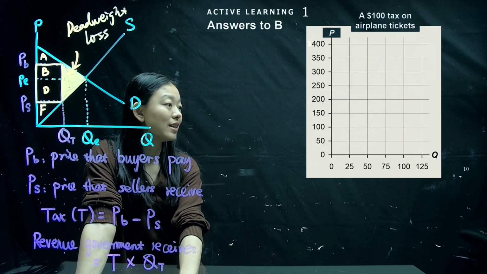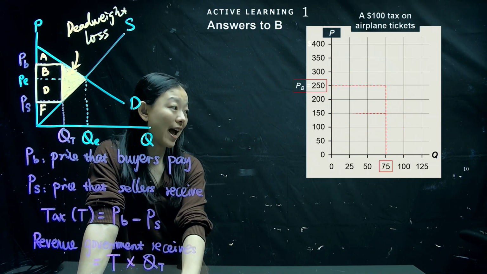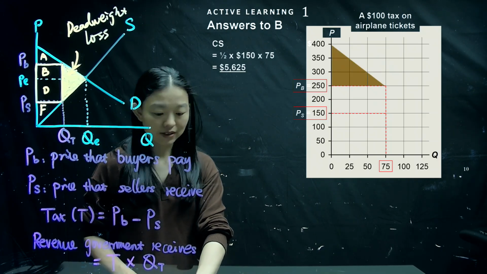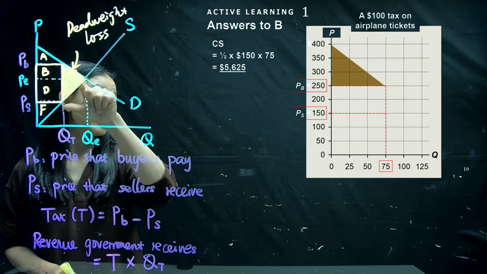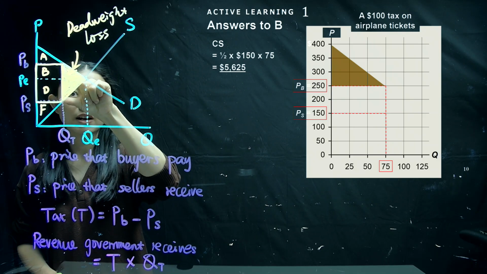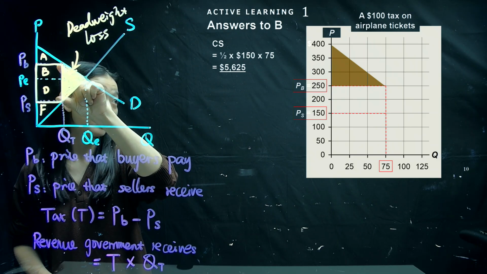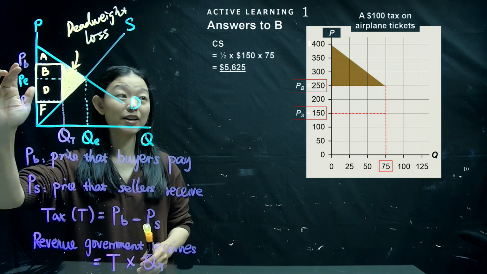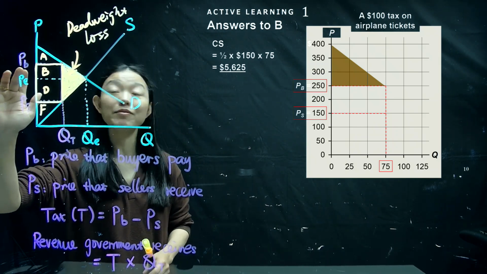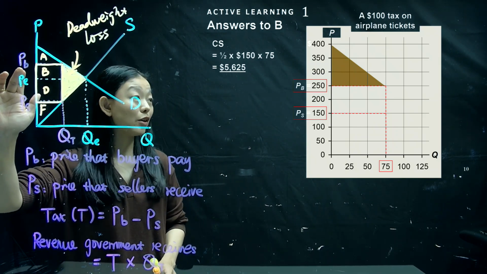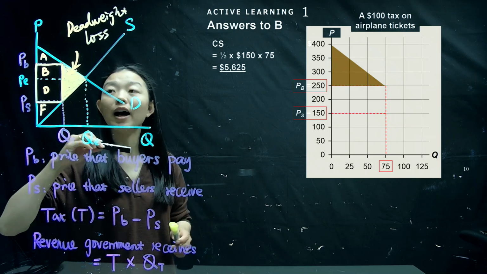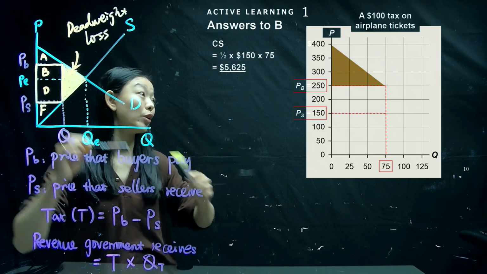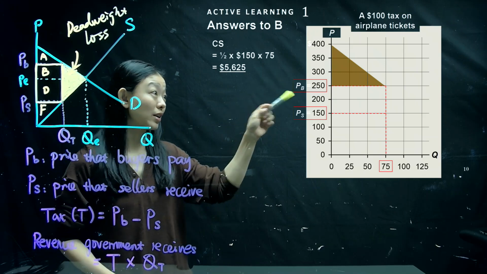Okay, now let's see. Once the government imposes tax, what happens? After the government imposed tax, now the tax here equals $100, right? And then you can find the new price that the buyers need to pay. That will be $250, right? And then you can find the area above $250 and below the demand curve, which will be this triangle showing on this graph.